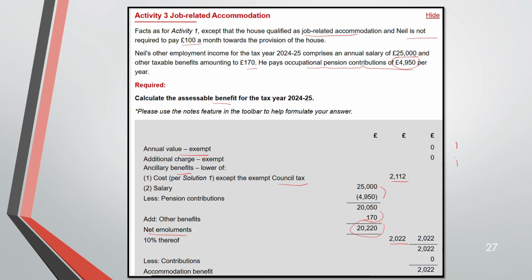It has to be the lower of the cost and this ancillary benefit. So net emoluments give this, cost is this, lower is this. So if you take the total, it is still this. This is the accommodation benefit.